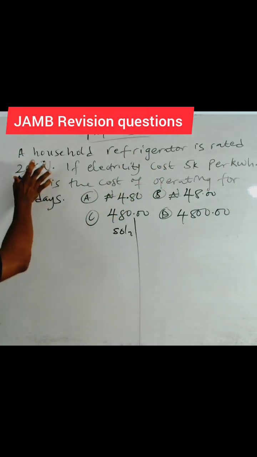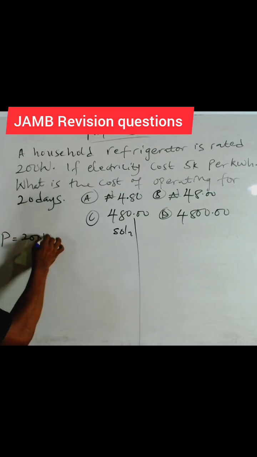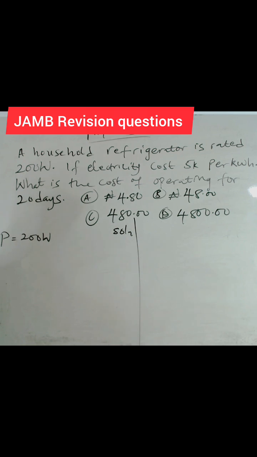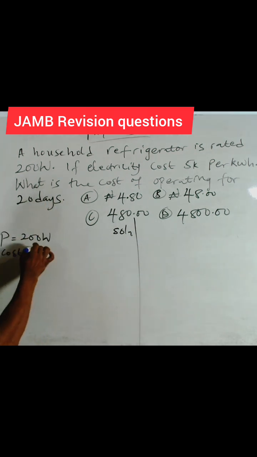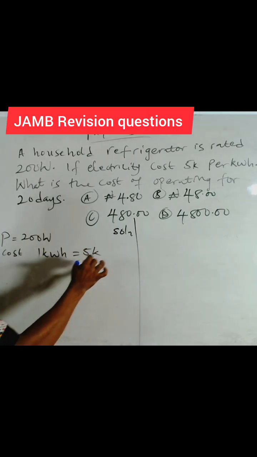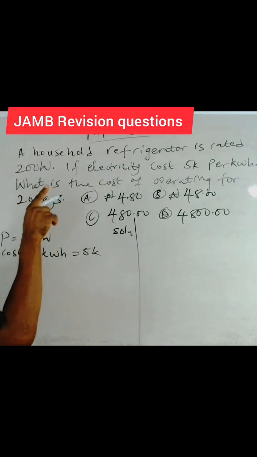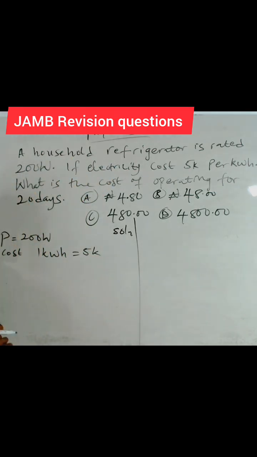we have that the household refrigerator is rated, of course, the power rating, that is the power, P, is 200 watts. Now, the cost of 1 kilowatt hour is 5 kobo. What is the cost of running the refrigerator for 20 days?